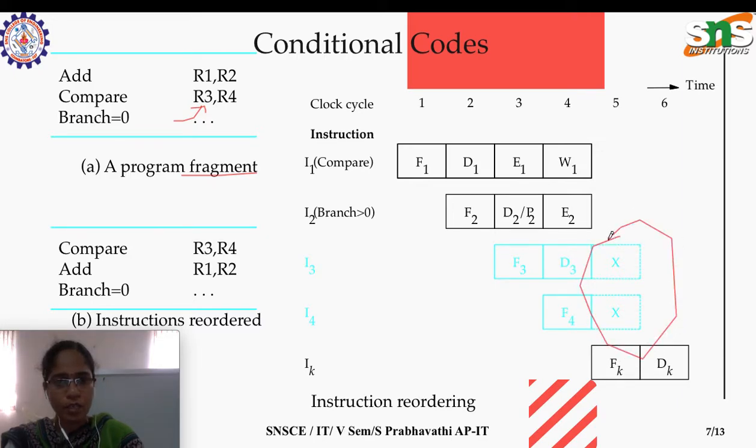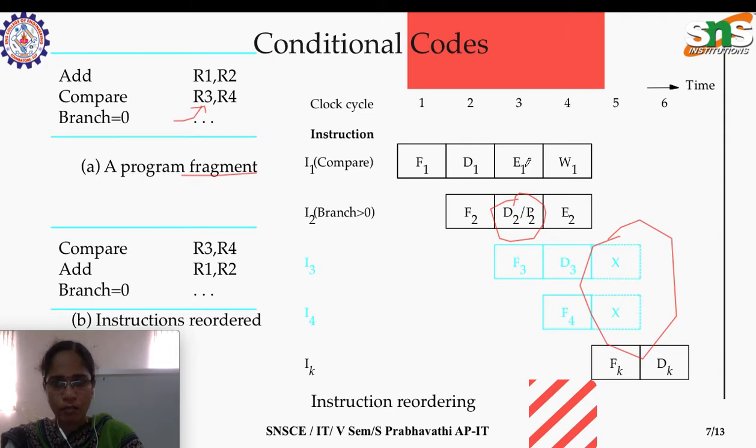We have covered this already; it's just a quick recap. So compare gives the result at cycle 4, and in the branch we have the decode and target address, but this target address is dependent on the previous outcome.